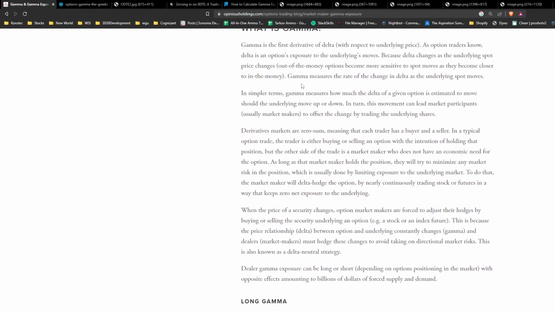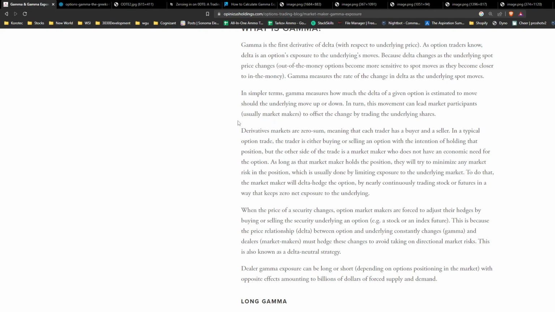Some of the other metrics that we'll be talking about a little bit further down the road are going to be like Vanna and Charm, which will deal with theta decay, or time decay as we call it, and Vega as well.